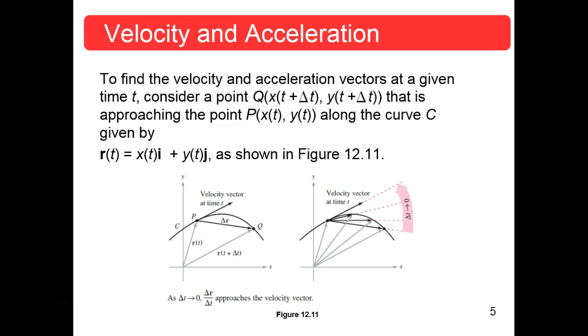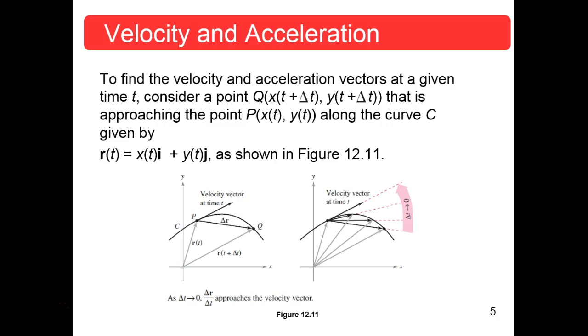By definition, r of t plus delta t minus r of t gives you delta r. That's the difference between this r and that r.